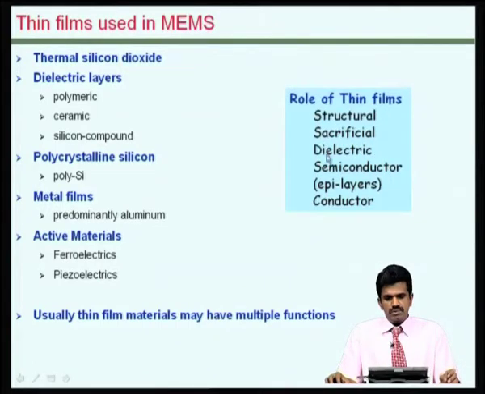So, these thin films can have multiple roles, but these roles can be defined only when the thin film is patterned into something. Otherwise, the film is sitting all over the surface, so it is only adding bulk to the surface of the wafer. So, patterning of these thin films is essential to build devices, to build microsystems on a wafer.